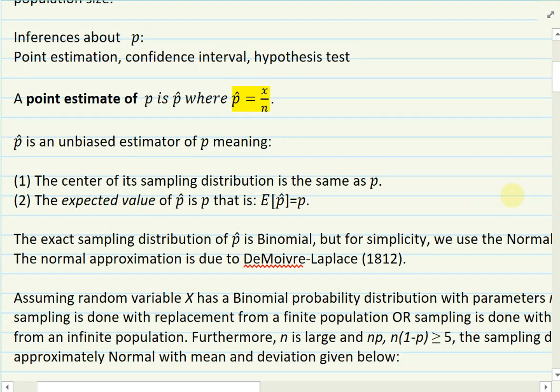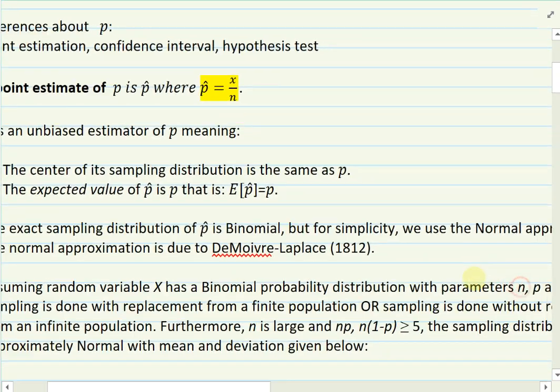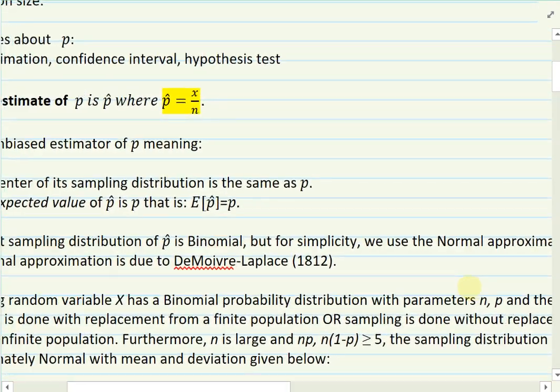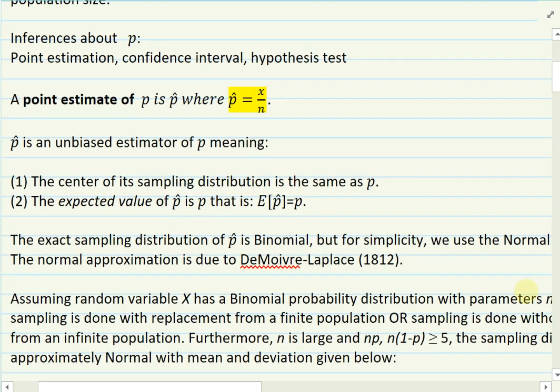So that's the assumption about the X. Also, the assumption here is that our sample is large, and these two expressions that I have here, the product of NP and N times 1 minus P. In other words, NP gives you the number of successes, that's X, and N times 1 minus P gives you the number of failures, that would be N minus X. Both of those must be at least 5. And when that's at least 5, then the sampling distribution of p hat is only approximately normal with the mean and deviation that are given below.